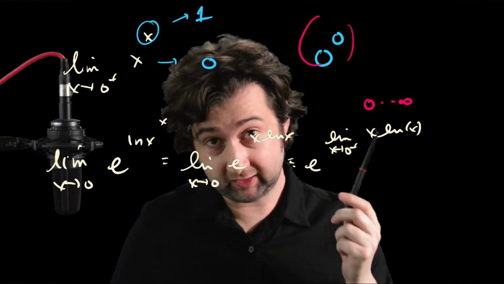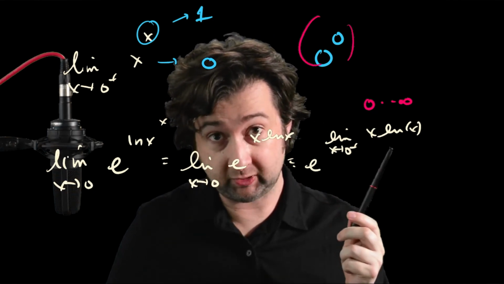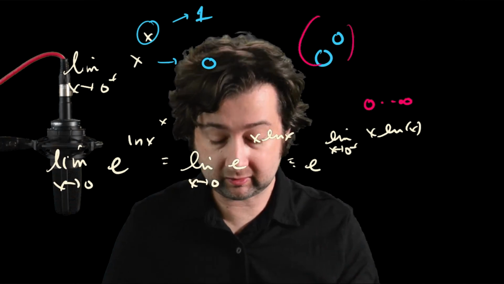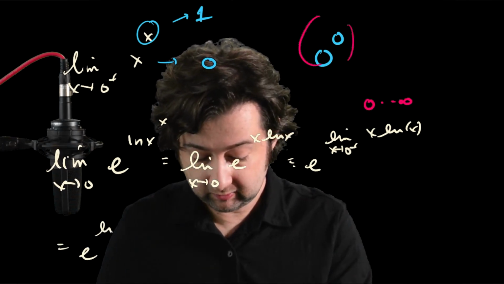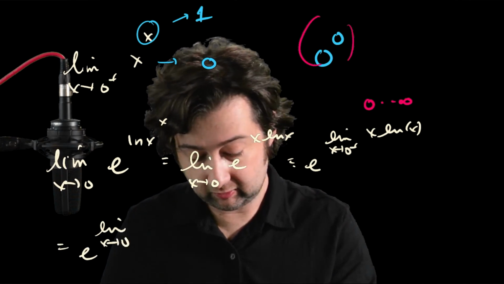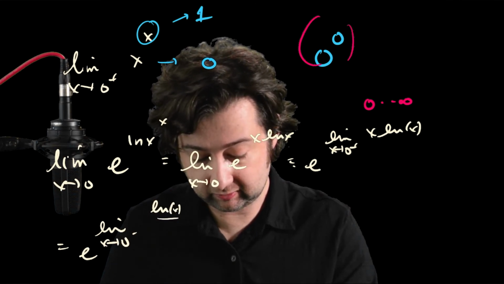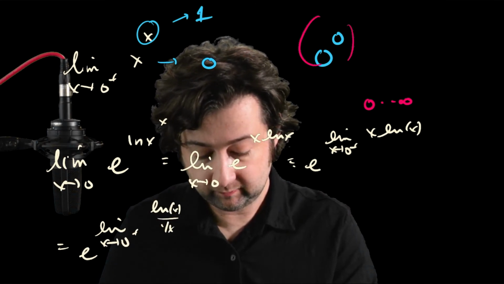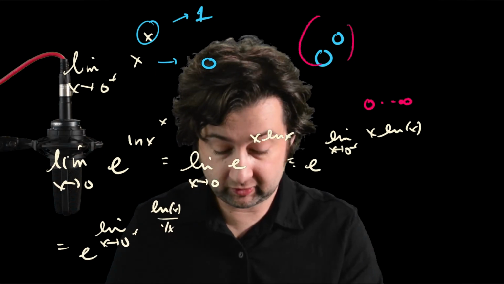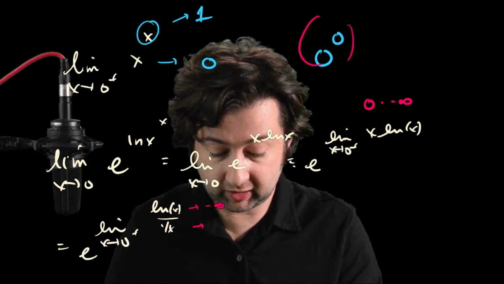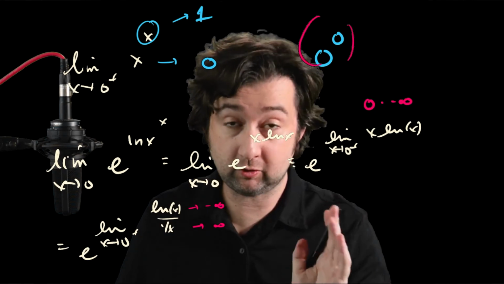So I have one last step to do, which is to use the ratio flipping trick. So I can rewrite this as e to the limit as x goes to 0 of the natural log of x over 1 over x. And now I've got an indeterminate form where the top goes to minus infinity and the bottom goes to infinity. And now I can use L'Hopital's rule.